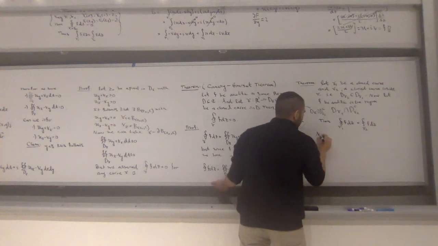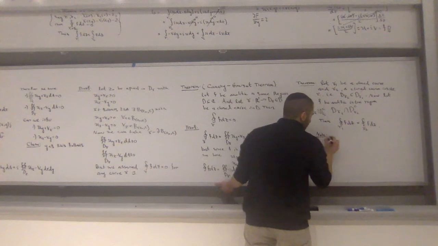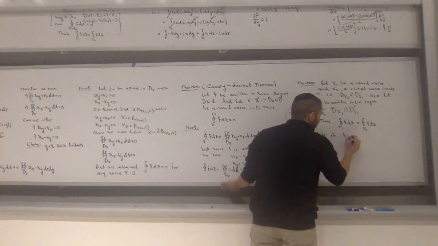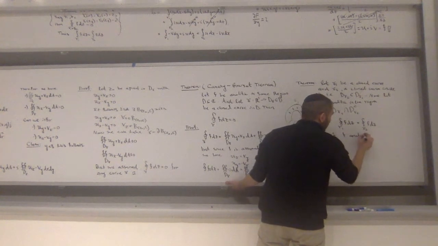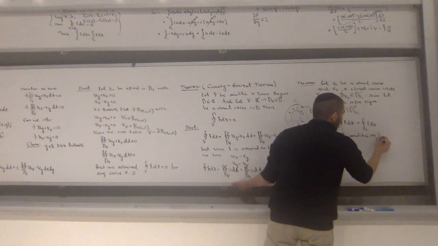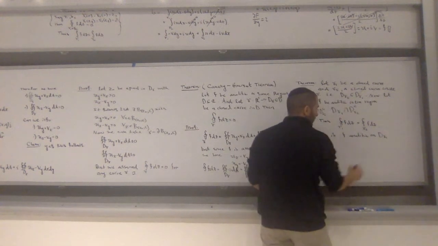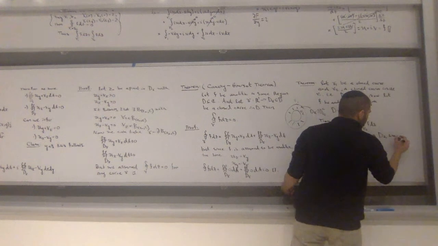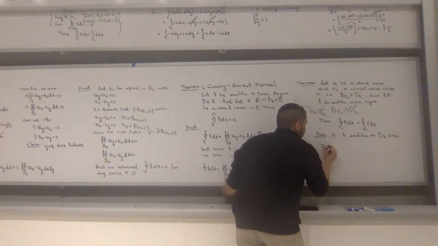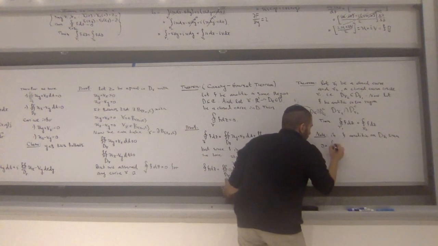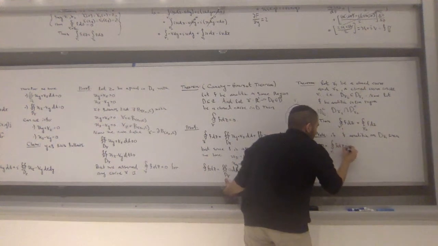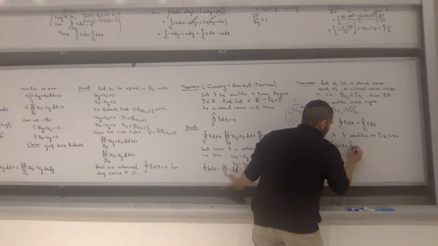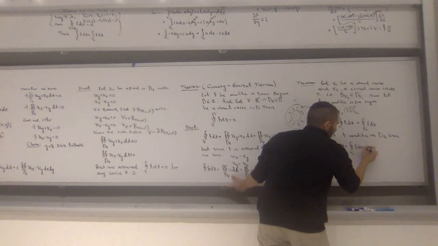Let's make a note. If f is analytic on d gamma, or d gamma 1, then 0 equals the integral around gamma 1 of f dz, which of course will equal the integral of gamma 2 of f dz, which as well will be 0.